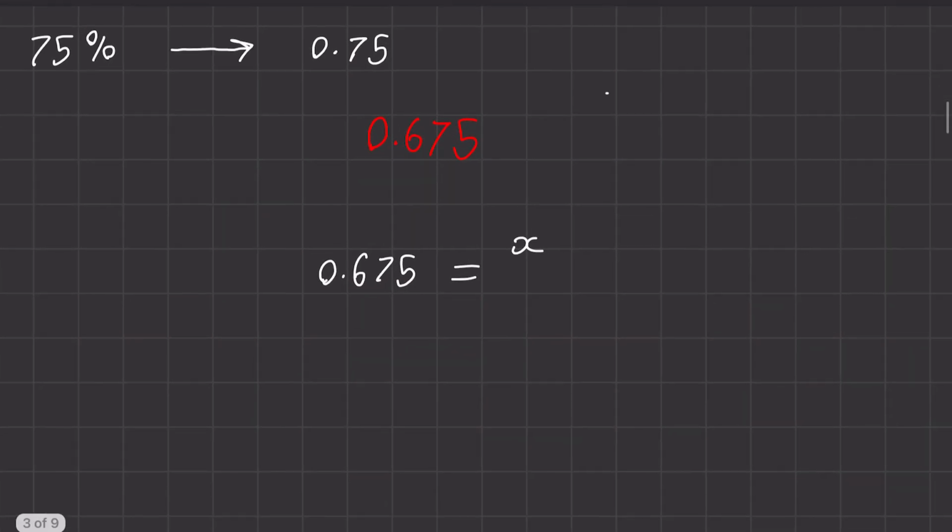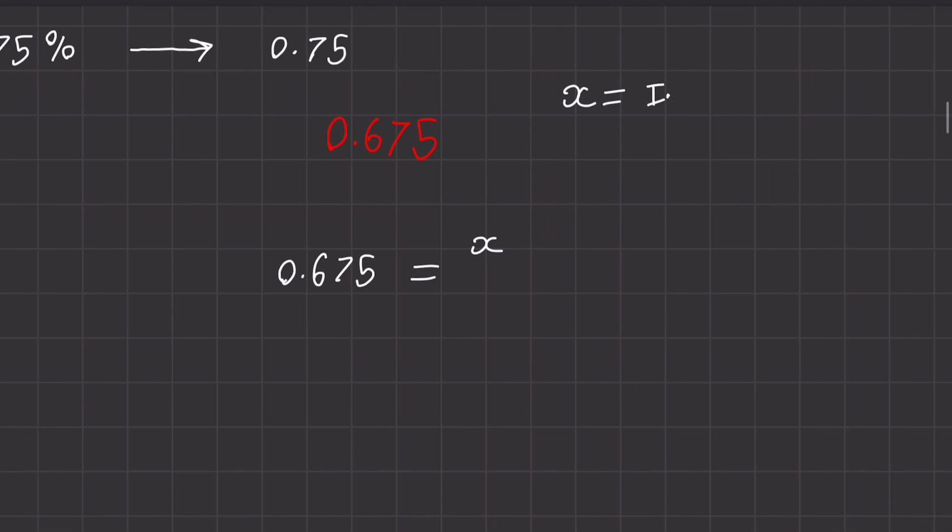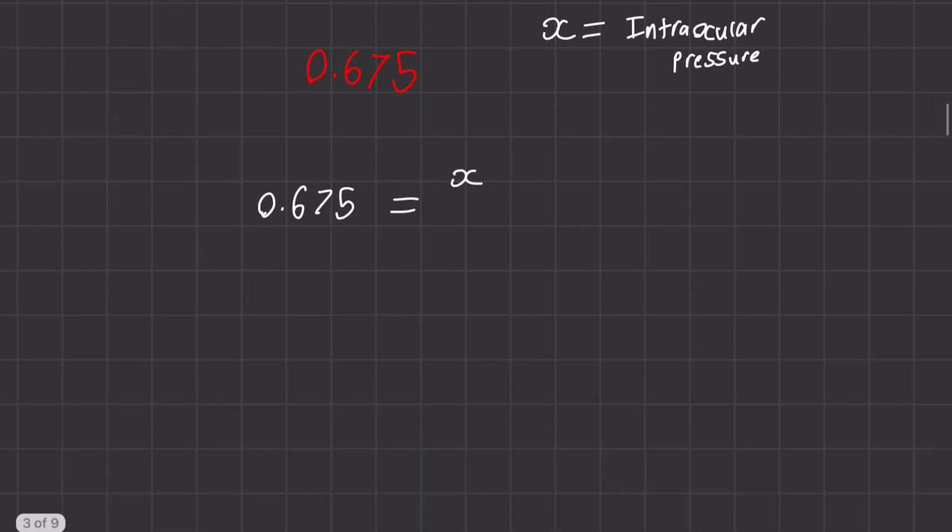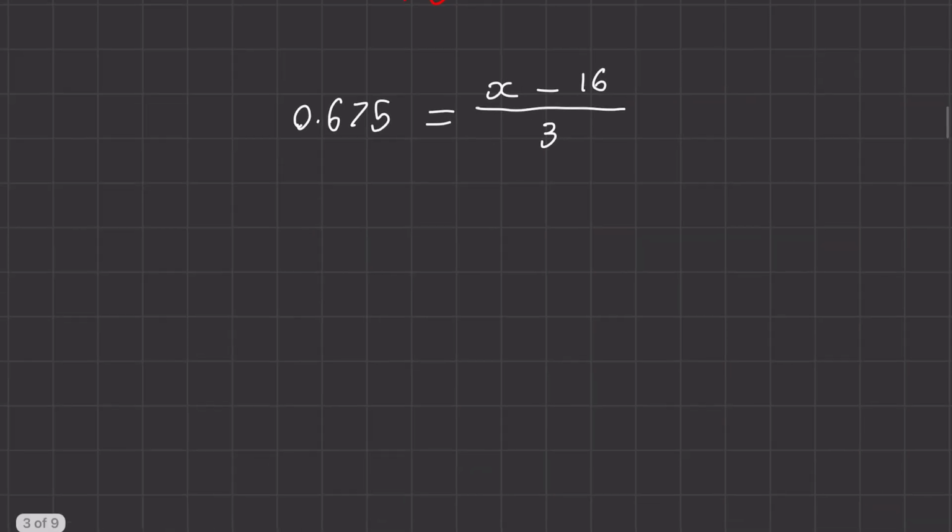And in this case, x is equal to our intraocular pressure. Once again, we can use the values from before, 16 and our standard deviation of 3, to solve for x.